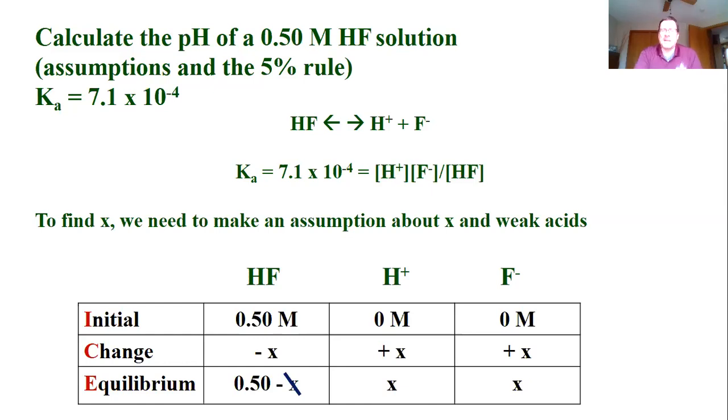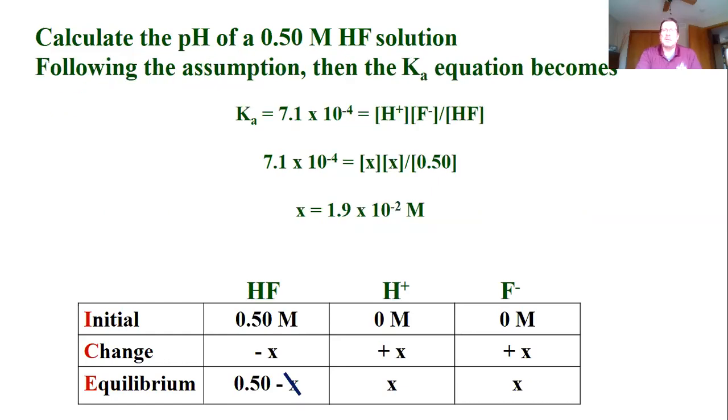So we cross out that X and ignore it, which then allows us to set up our equilibrium expression, our acid dissociation, as here's my Ka number. And now the hydrogen ions become X, that becomes X, and that becomes 0.5 instead of 0.5 minus X, because this is a whole lot easier math.